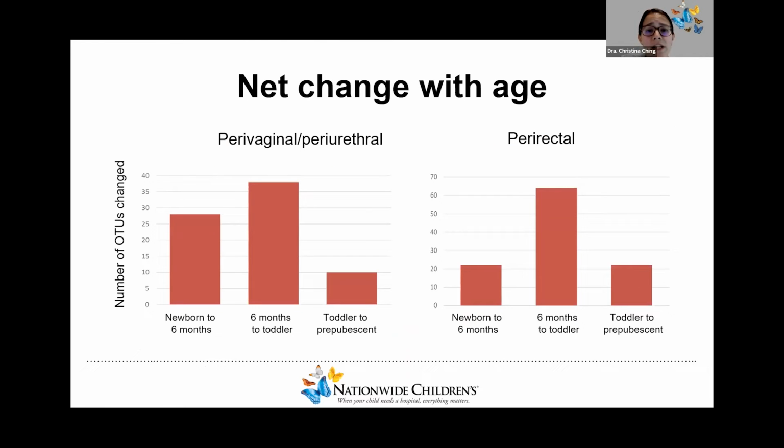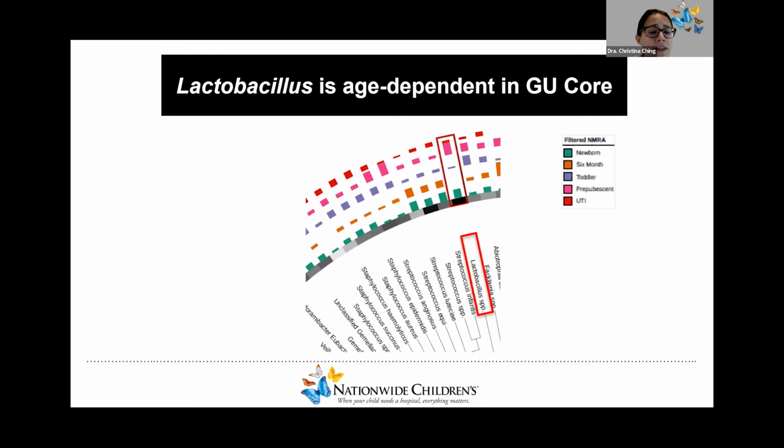Looking at the changes with age, the biggest net changes of the perivaginal, periurethral, and perirectal species was between 6 months and toddler age, and could be related to an evolving diet and local environmental changes, such as transitioning out of diapers. Looking at the presence of lactobacillus, we found higher rates of lactobacillus in newborns and in our premenstrual group, which confirms the presence of lactobacillus premenarche, but does suggest a fluctuation in abundance with age.